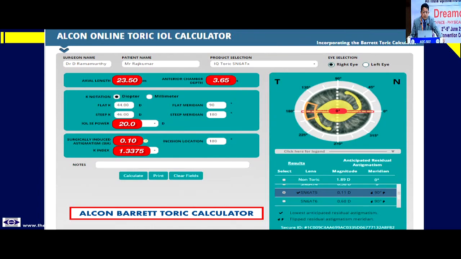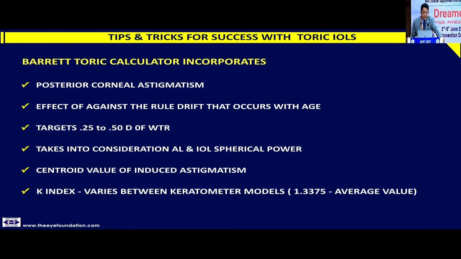The surgically induced astigmatism, as you can see over here, is taken as 0.1. And again, the K index can be variable depending upon the particular instrument you are using to check your keratometry, and that's something you can put in to get the perfect values that you need.